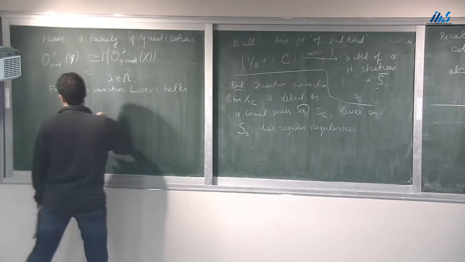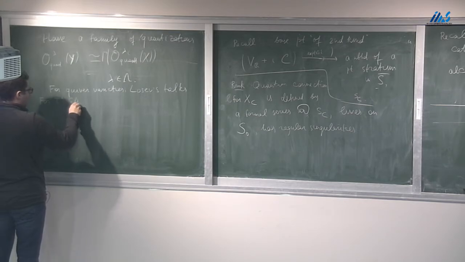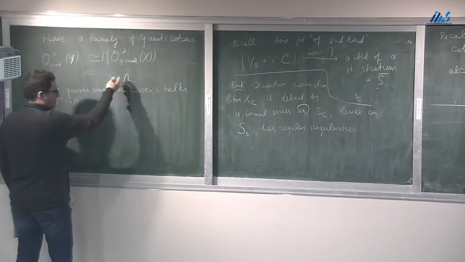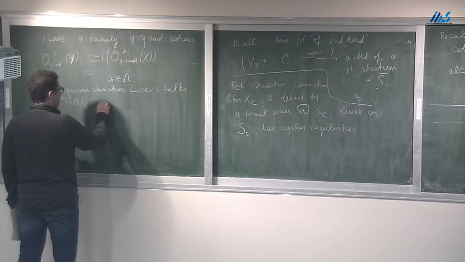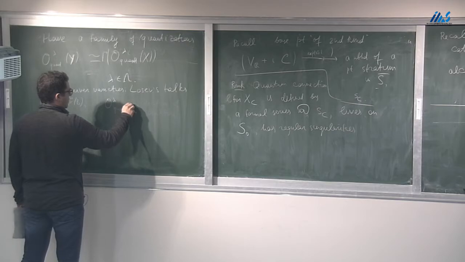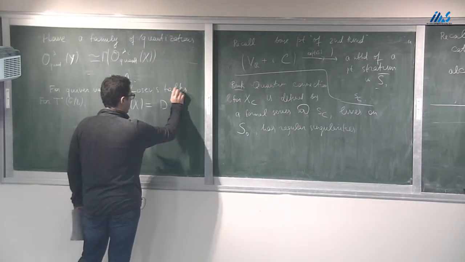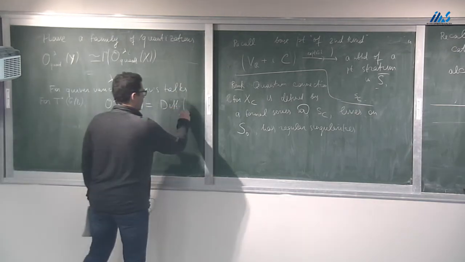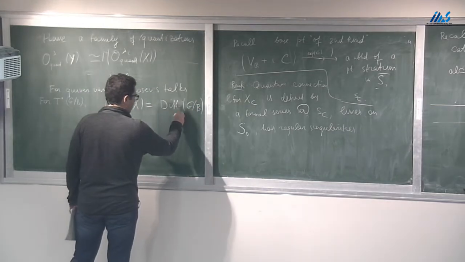And for T star G mod B, this is essentially the quantizing cotangent bundle, which is easy. You get differential operators. The larger D is heavily overused here, so it's differential operators, but twisted by lambda.